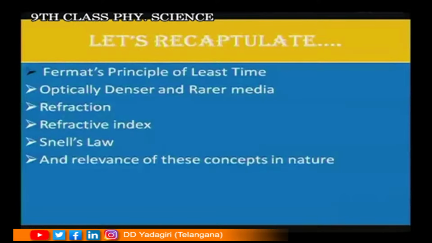So, children, today you have learnt about the concept of refraction. Let us recapitulate what we have learnt. We have learnt Fermat's principle of least time. Next, we have learnt about optically denser and optically rarer media, and we have learnt the important concept of refraction, and we have learnt why refractive index is different for different media.